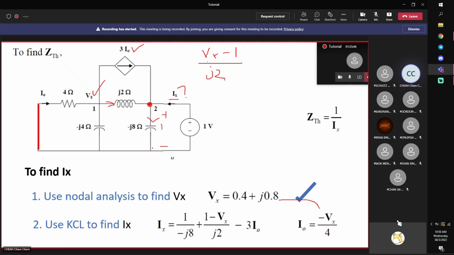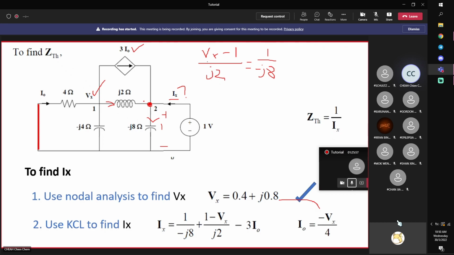So this is outflow. Now let me put this equation here first. Inflow equal to outflow: 1 divided by negative j8, and then I have another inflow, 3I0, and then I have another inflow, Ix.